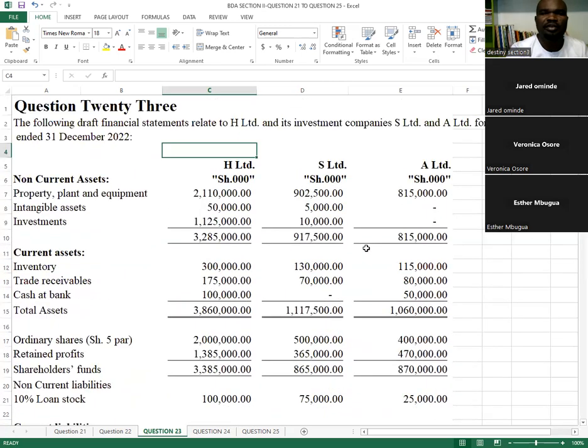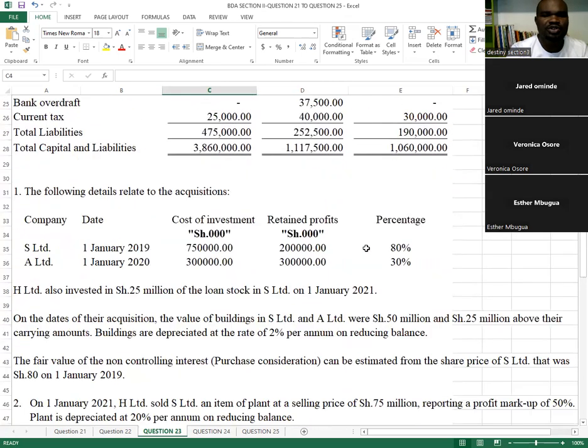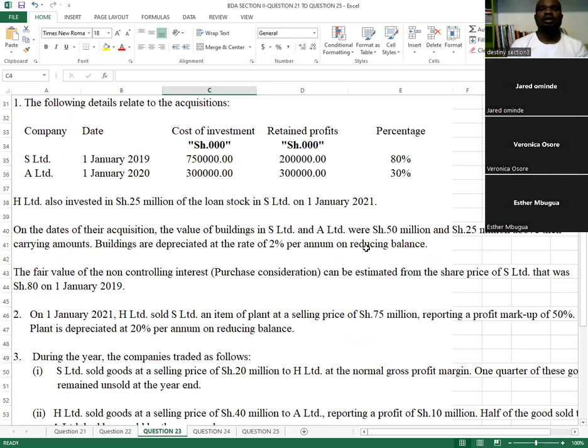We are preparing the books in 2022. Then the cost of investment: the parent company invested the amount you can see in S, and also in A. On the dates of acquisition, the profits were as you can see, and the percentages also as you can see.